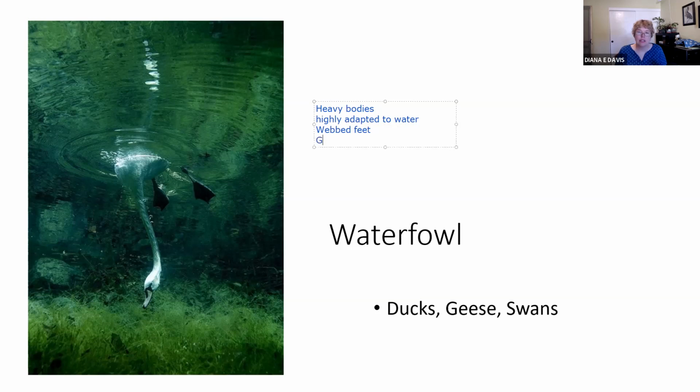They generally like to be near or on water, often feeding in water. These guys are better flyers than the chicken group. You can see swans flying overhead. They do migrate long distances. And of course, ducks and geese, we all know those migrate.